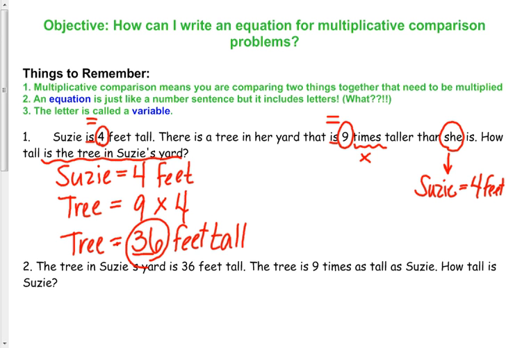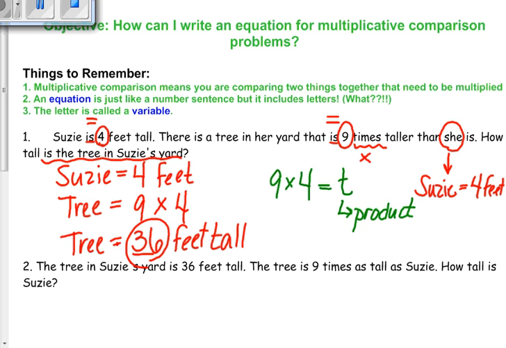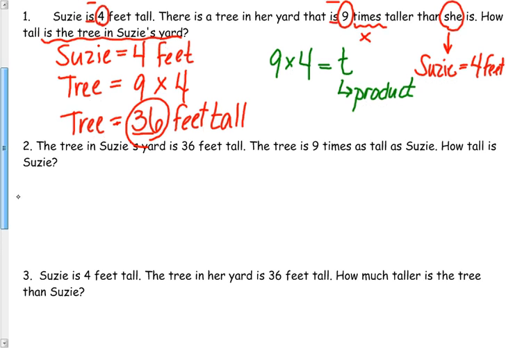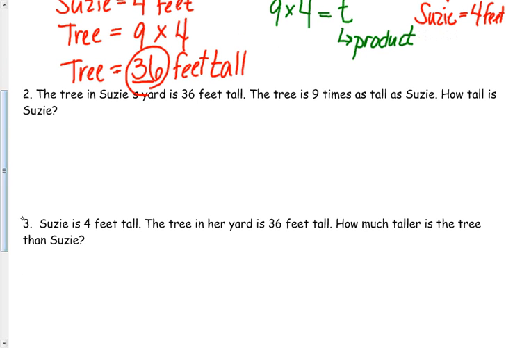So we were missing 9 times 4 equals T. I'm using T because it represents the number of the tree. In this case, it is the product that was missing. So let's continue with number 2 and see if the variable changes, if it's in a different location because of how the word problem is written.